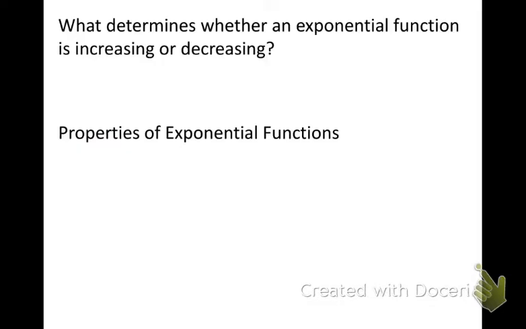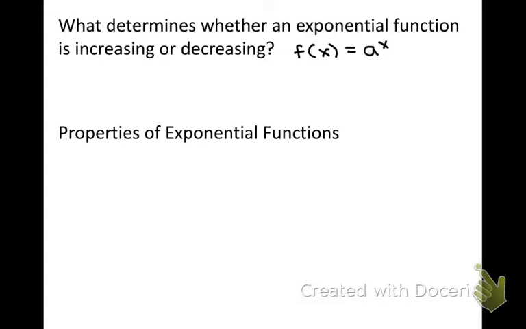Okay. Now, if we think back to those graphs that we just looked at, as well as some of the graphs we've already seen, the two that we did by hand with the chart, what is it that determines whether an exponential function is increasing or decreasing? So we're looking at f of x equals a to the x.